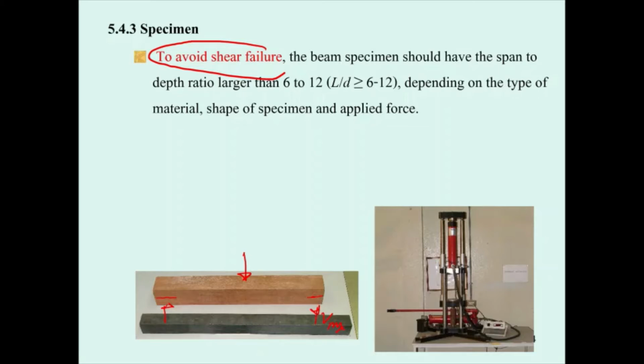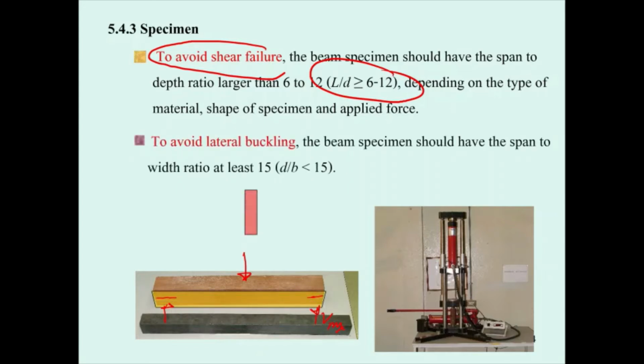That means to prevent the crack at the end, you have to have the ratio of L over D larger than 10 or 12. Usually we use larger than 10, depending on the type of material, shape of structure, and applied force.